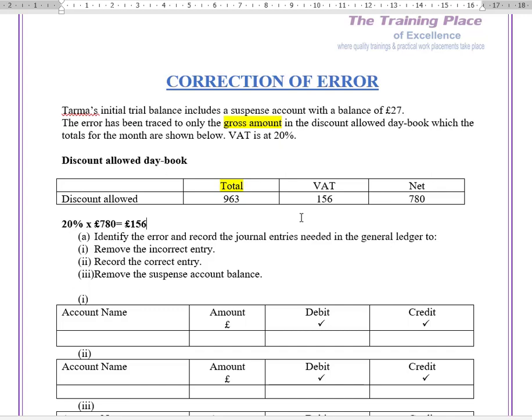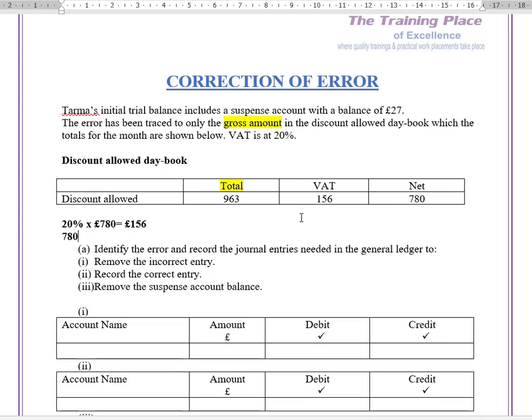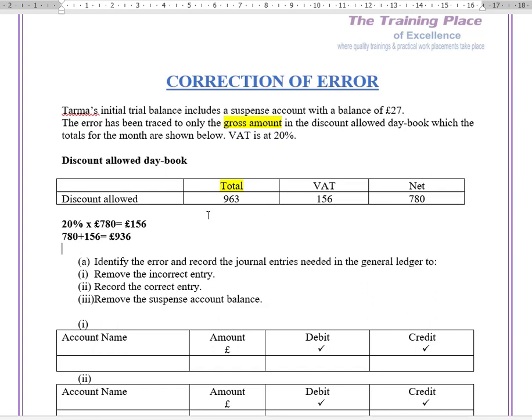The two together, 780 plus 156, should literally give me 936. But the total there is showing 963. That implies you would have posted £963 into your account instead of £936, and that is where your error is sitting, the gross amount.